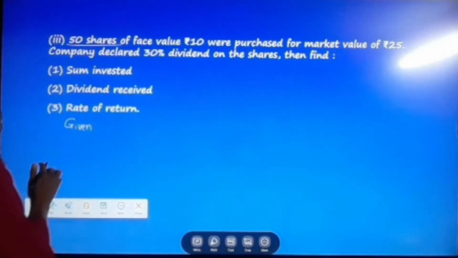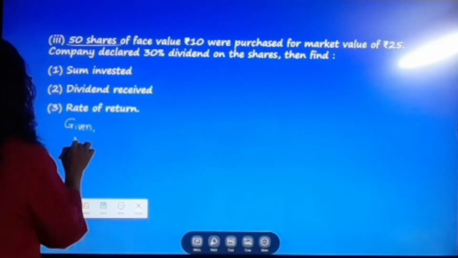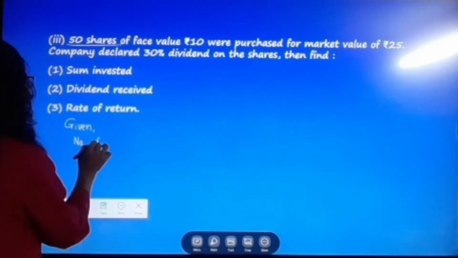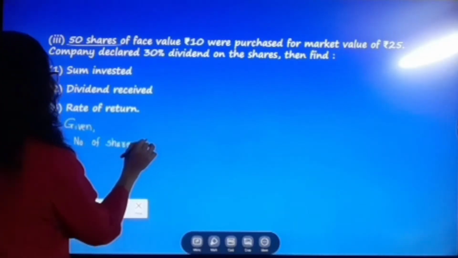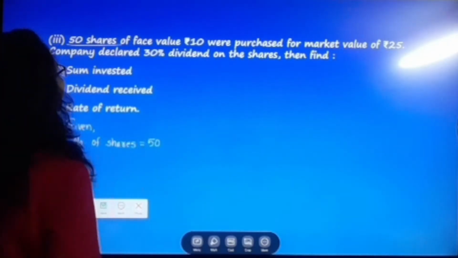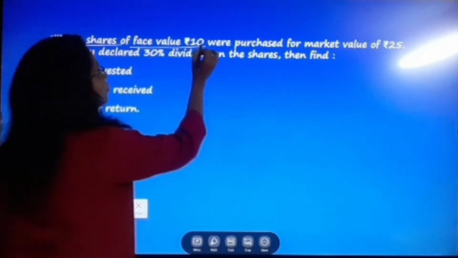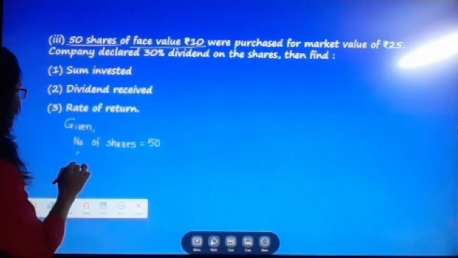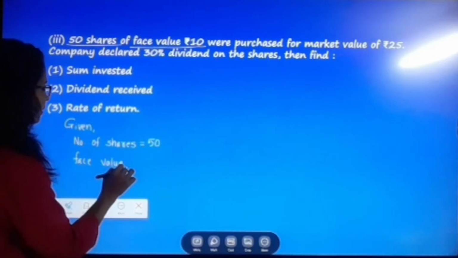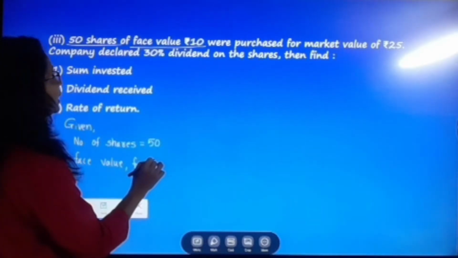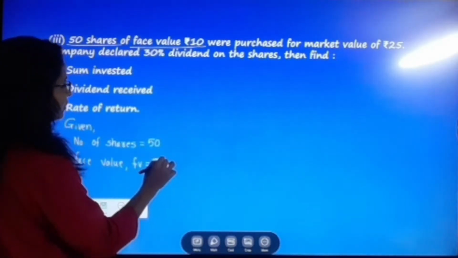So I write down here number of shares is equal to 50, and then face value rupees 10. So here face value, that means I write FV is equal to rupees 10.